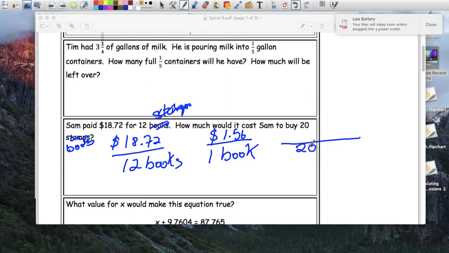So 20 stamps or books, how much would it cost? That's easy now because I have my unit rate times 20, and if I multiply 1.56 times 20, I get $31.20. Okay.